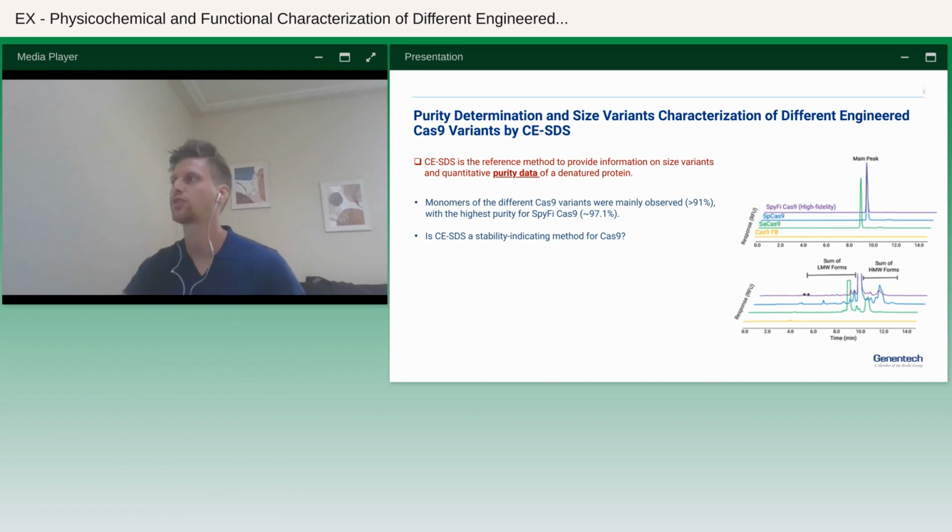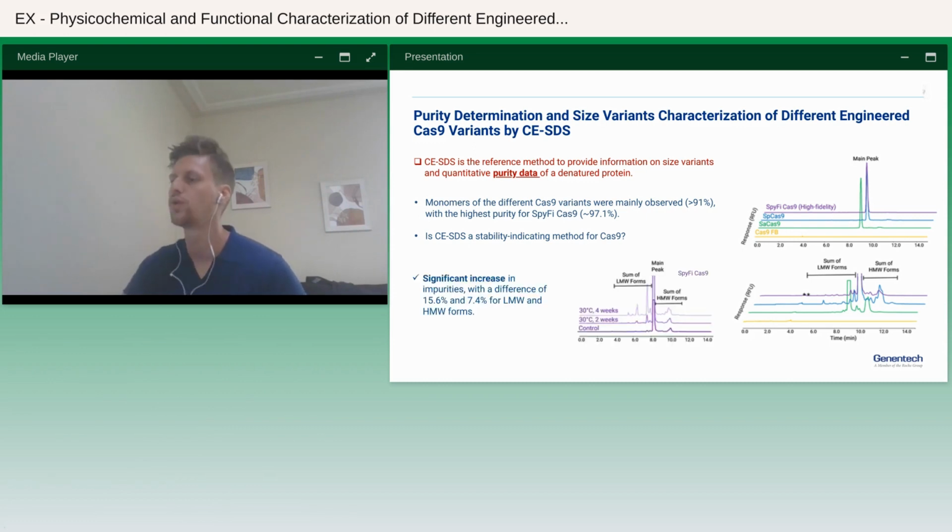Now, the second question is to know if our method is a stability indicating method for Cas9. And in order to do that, we applied some stress condition with temperature. So basically, we heated the Cas9 at 30 degrees for 2 weeks or 4 weeks.